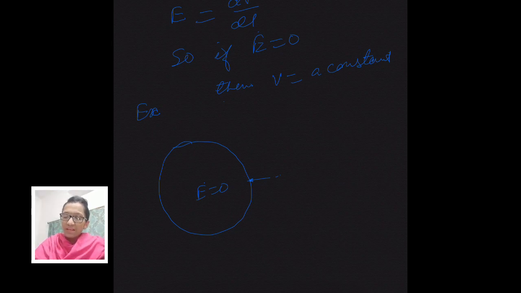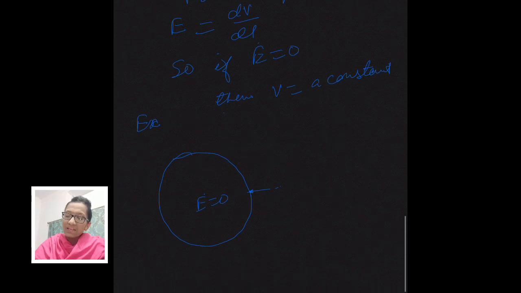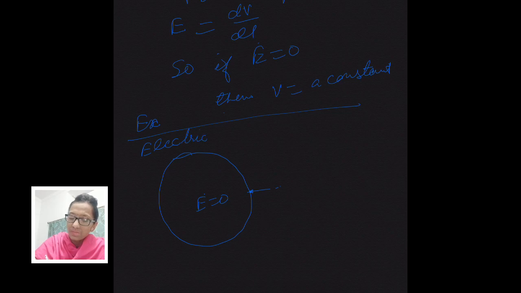So let me find the electric potential due to a charge Q on a shell.